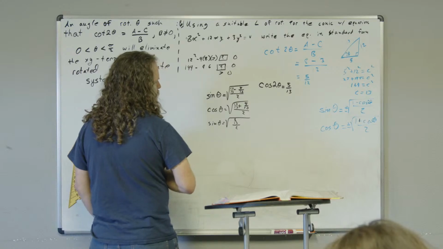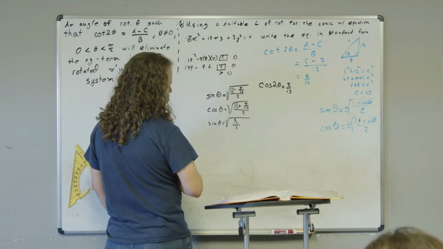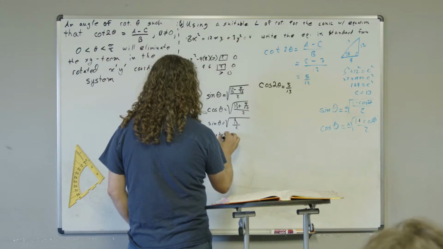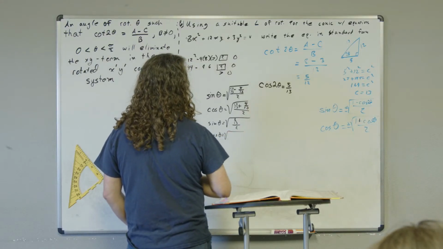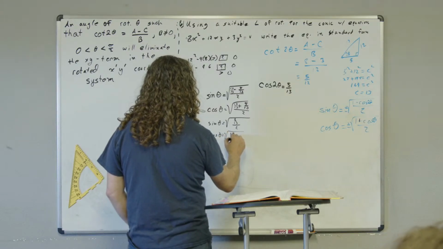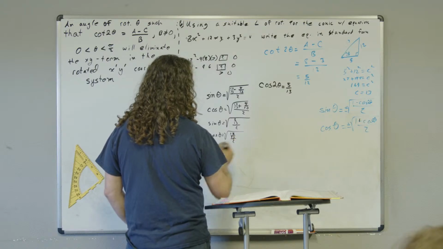So the square root of 8/26. Is that right? Cosine theta equals the square root of 18/13 over 2.